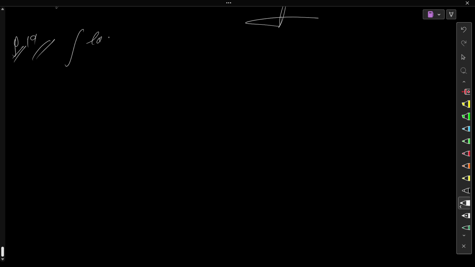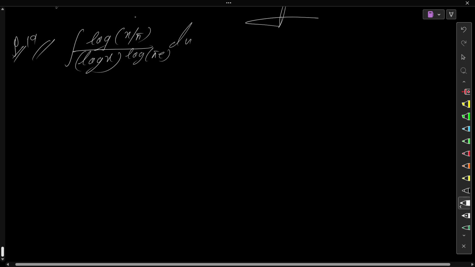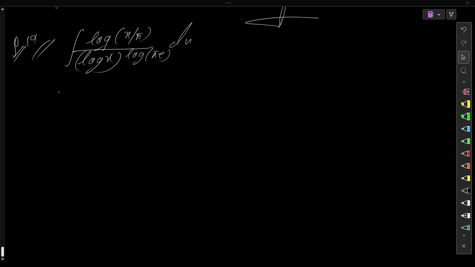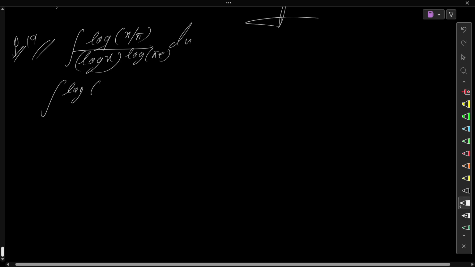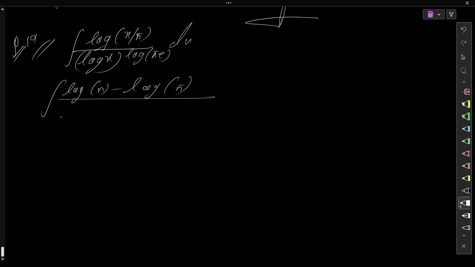It's told to evaluate the definite integral of (x over pi divided by log of x) whole to the power log pi e dx. So I can write it down as log of x minus log of pi divided by log x, and this could be written as log pi plus log e base e, that is 1.